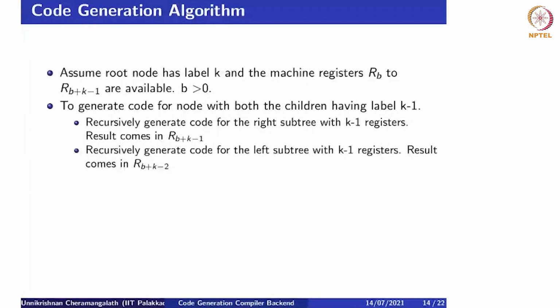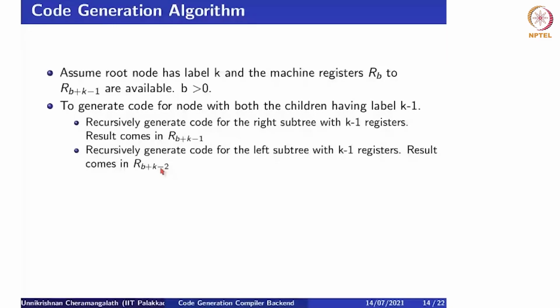The result will come in RB plus k minus 2. So for a root node with both children having label k minus 1, first you generate code for the right subtree, and the result will come in RB plus k minus 1. Then recursively generate code for the left subtree with k minus 1 registers, and the result will come in RB plus k minus 2.